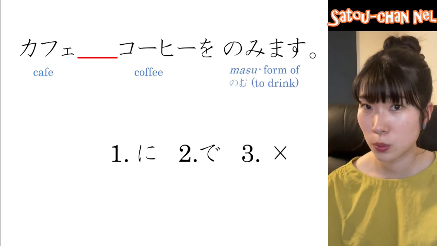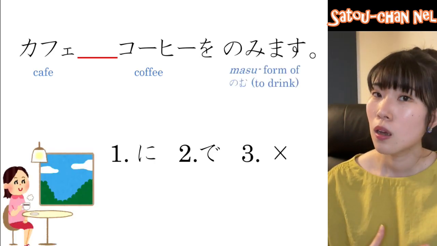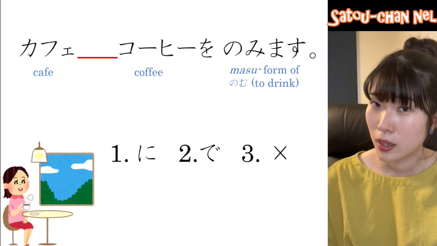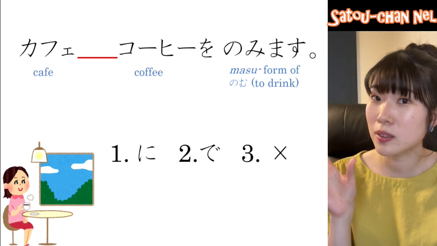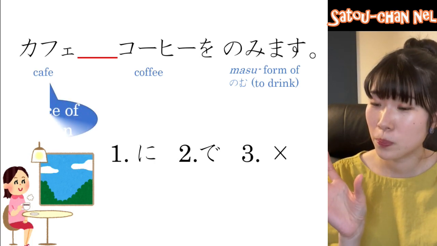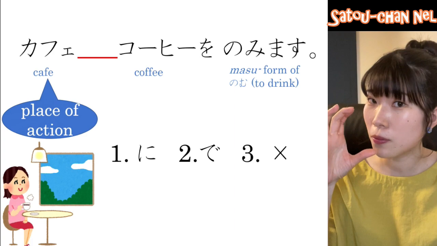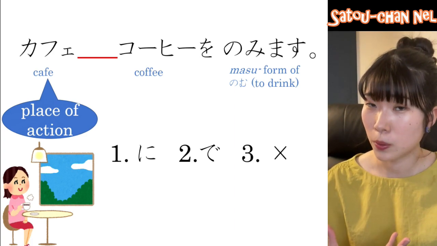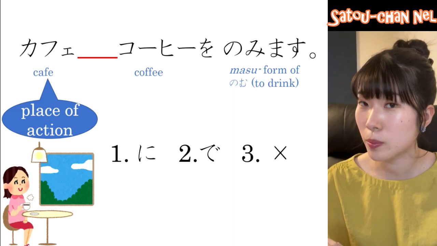So it's the masu form of 飲む. I drink coffee at cafe. So cafe is the place of action. I drink coffee at cafe. So which particle should be used to indicate the place of action?